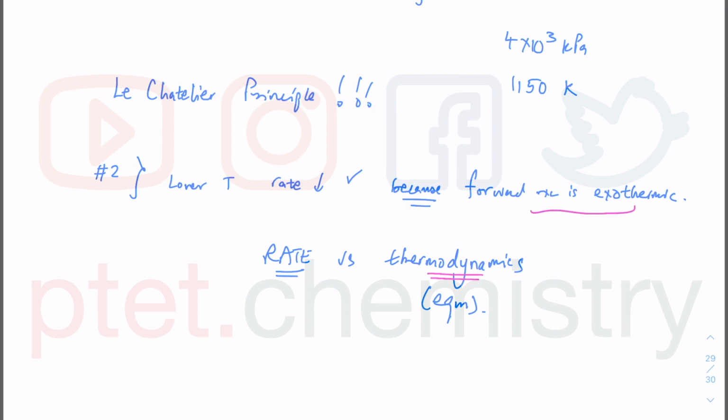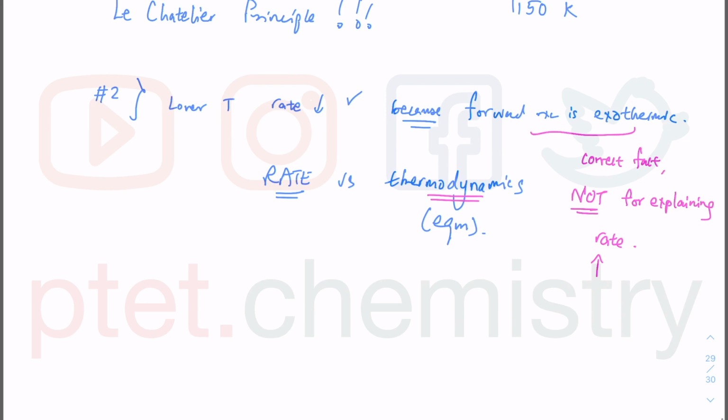This is a statement, this is a correct fact, but not for explaining rate. It's used to explain equilibrium position or equilibrium yield when temperature changes. So you can't use this reason to explain rate.